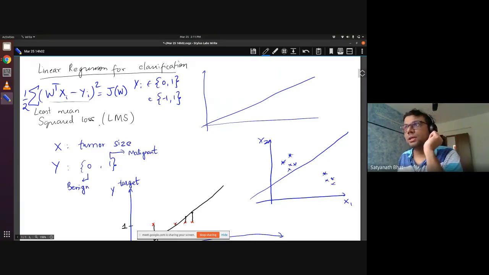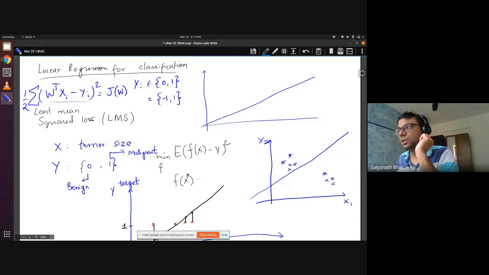And now we also learned, if you remember, that whenever you look at f(x) minus y whole squared, if I try to find the minimum over all f, what do we get? We get f of x star is actually the expected value of y given x.